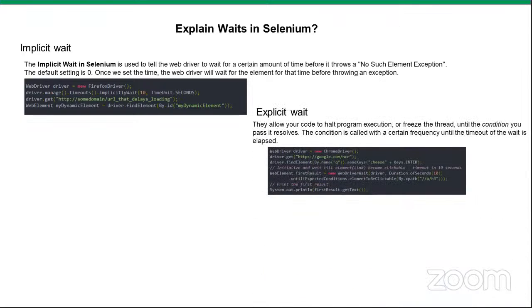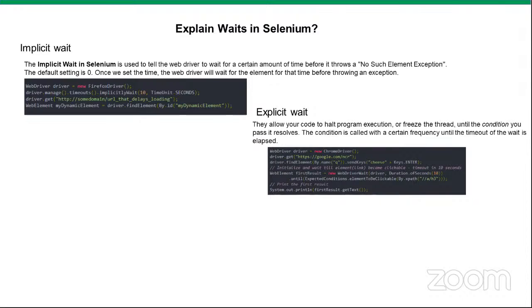Explicit wait allows your code to hold the program execution or freeze the thread until the condition that you provide resolves. Basically, the condition is called within a certain frequency until the timeout of the wait has elapsed.